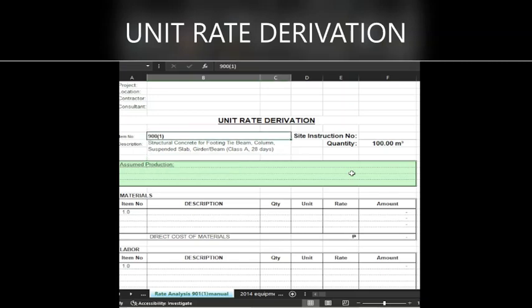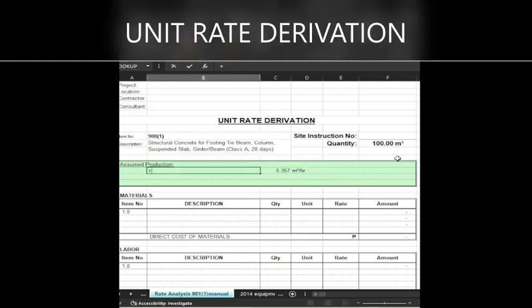So let's start here, guys, with item number 900 (1). This is for structural concrete for footing, tie beam, column, suspended slab, girder or beam. So our assumed production here is 0.357 cubic meter per hour.